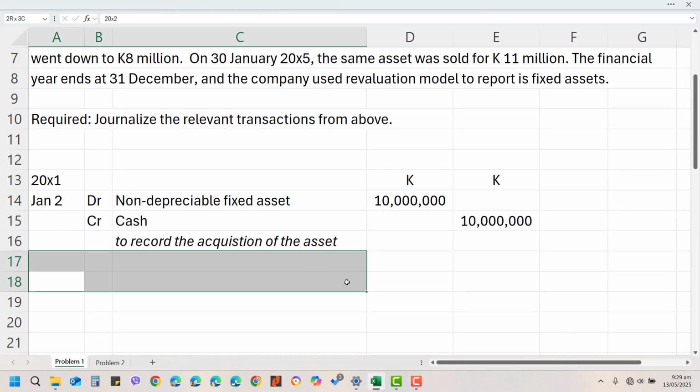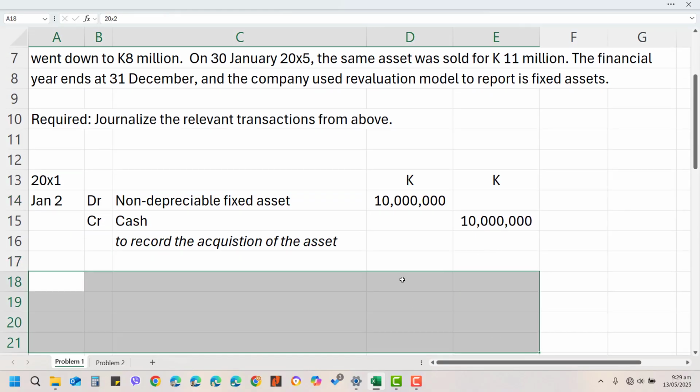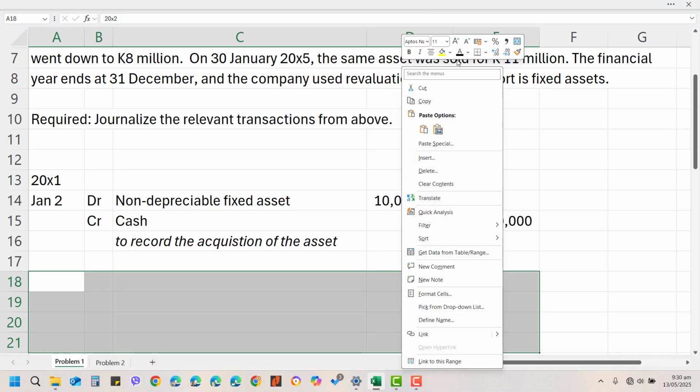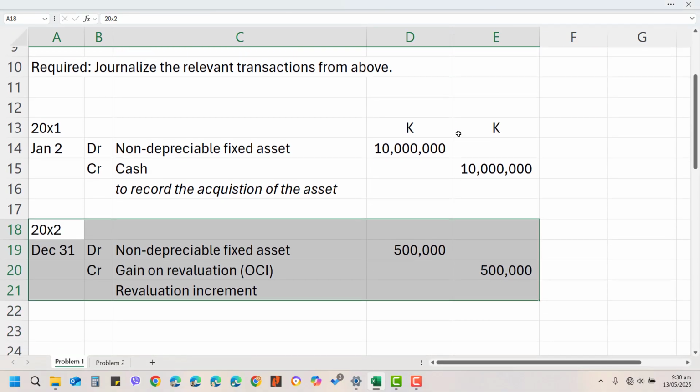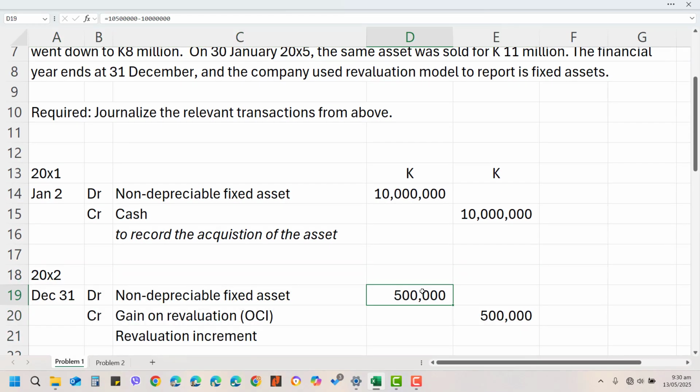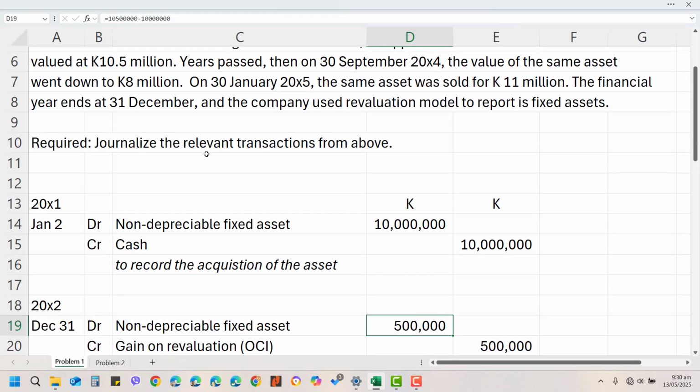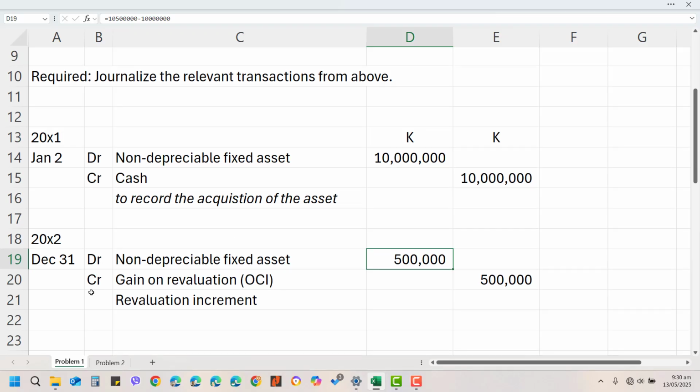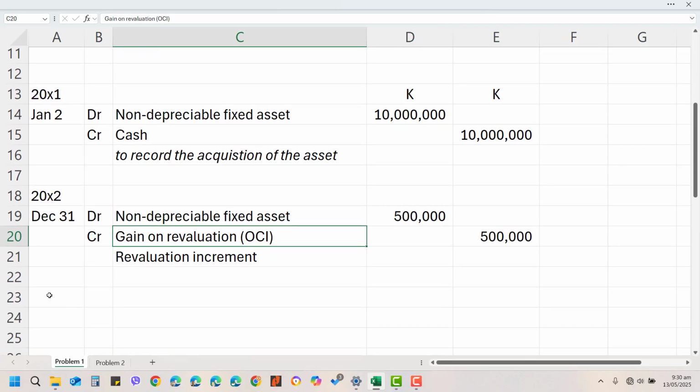So we will record that. As you can see, it's only the difference between the acquisition cost and the revaluation, as you can see in the formula bar here. Next, if you have gain on revaluation here, you need to close this.